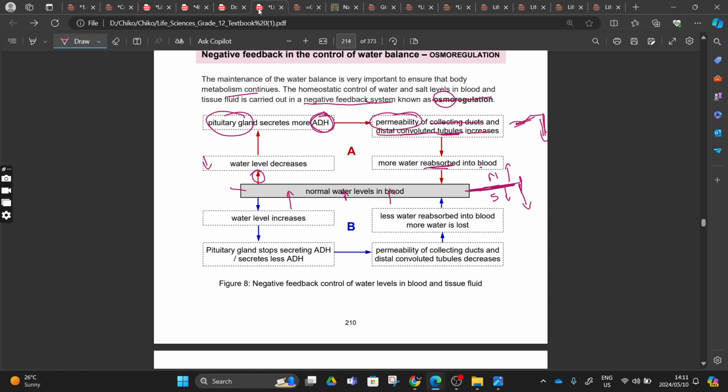Yeah, we call it a spaceship. So in this spaceship of ours, if we are having less water, we'll need to inject that water back, right? For injecting that water, we do it by reabsorbing that water back, controlled by our ADH, right?